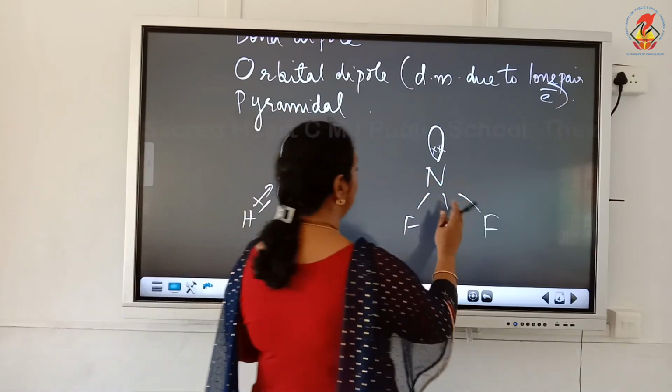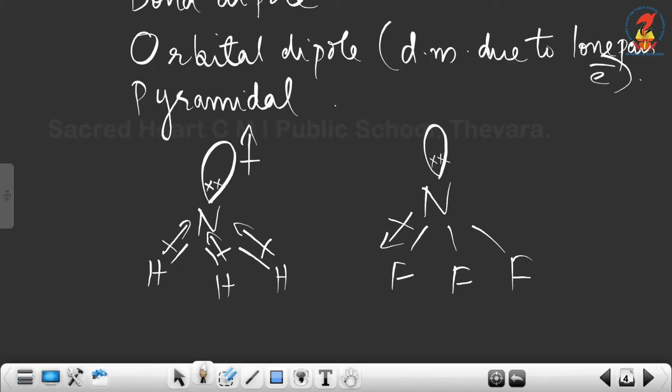Now you look at NF3, fluorine is more electronegative, so we have the bond dipoles in this direction, whereas the orbital dipole will be in the opposite direction.